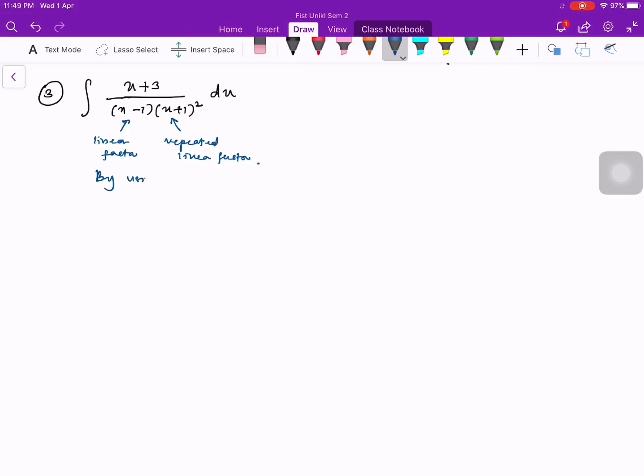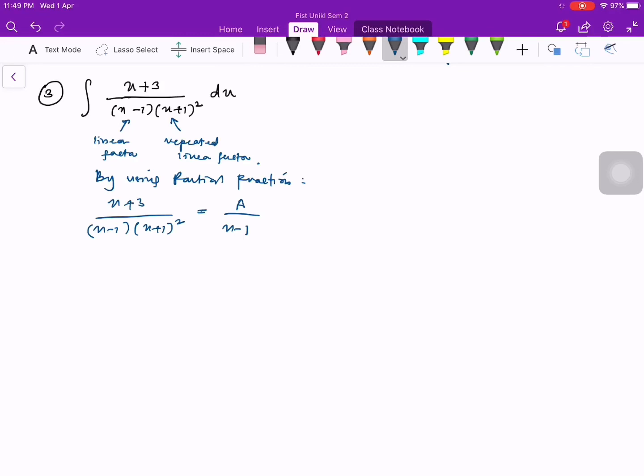Then by using partial fraction, for x plus 3 over x minus 1, x plus 1 squared, we're supposed to have the first linear factor, we're supposed to have a over x minus 1.